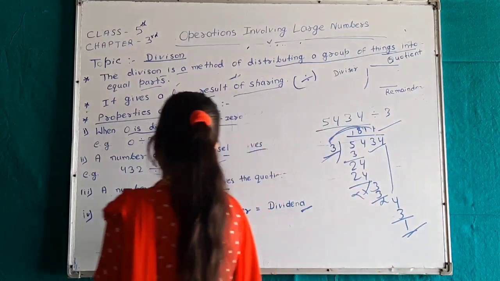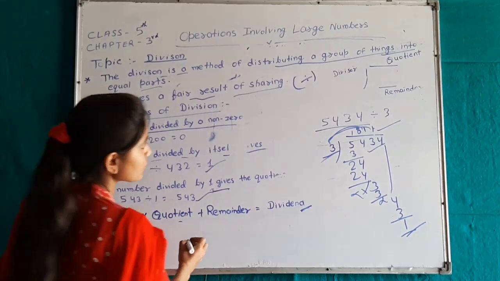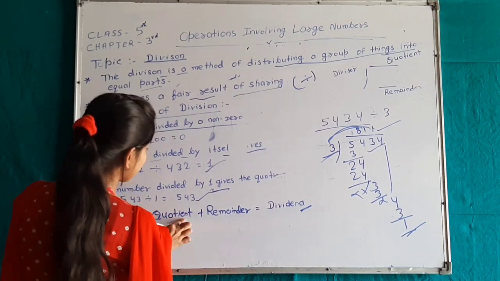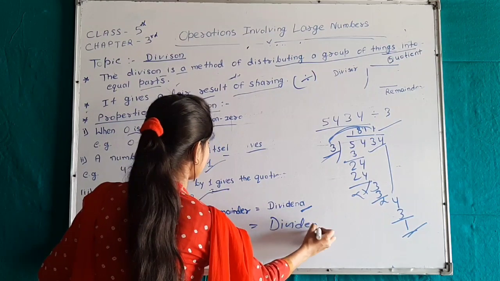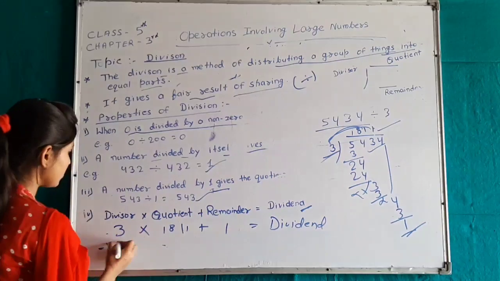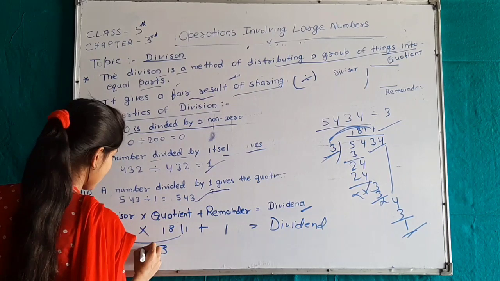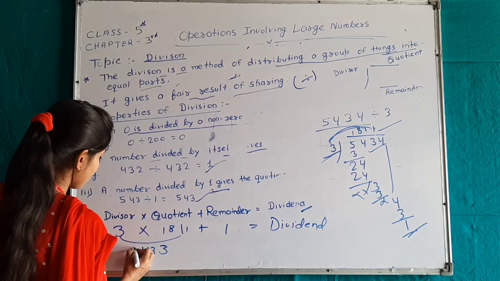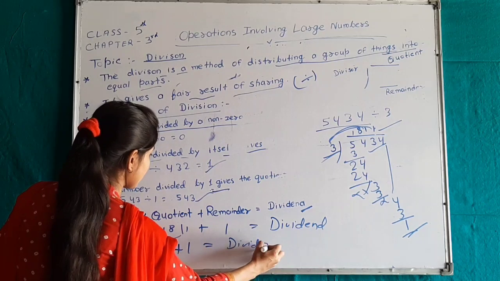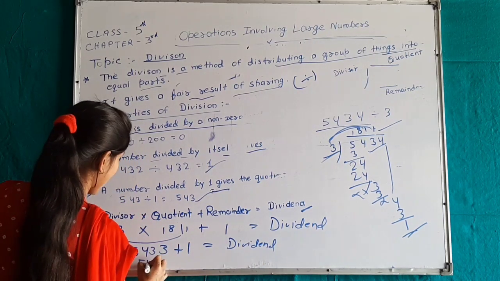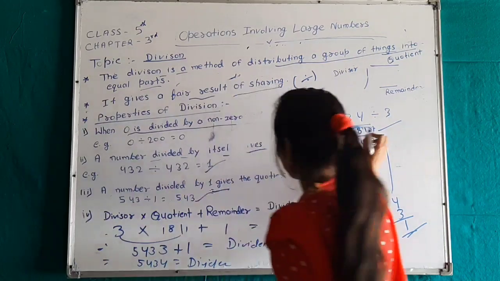To find out, we divide in this way. Here is divisor. Divisor equal to 3, quotient equal to 1811, and remainder equal to 1, equal to dividend. 3 into 1 equals 3, 3 into 8 equals 24, and so on, plus 1 equals dividend, 5434.